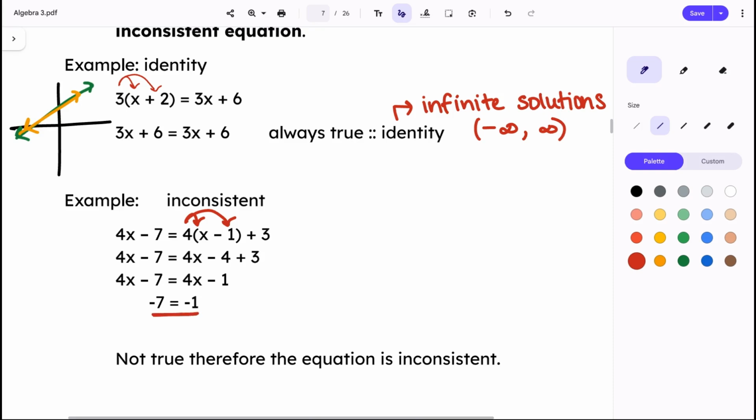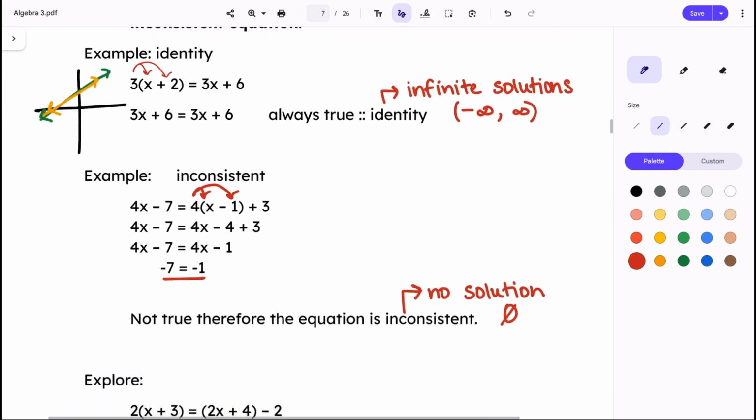That's not true, and it will never be true, okay? So this doesn't have a solution. So we would say it's inconsistent, or we would say there's no solution. Or maybe they'll write a 0 with a slash through it, meaning that there's nothing that works.